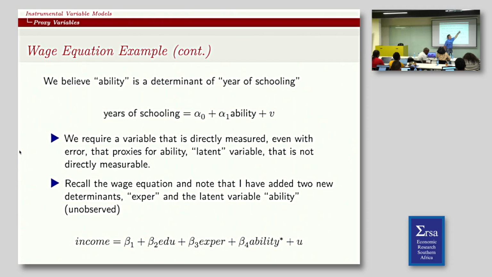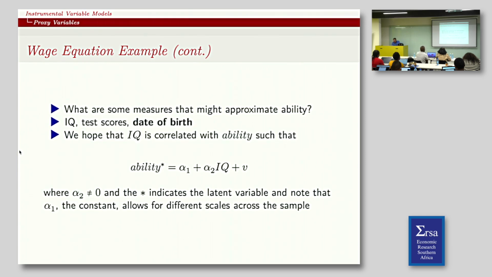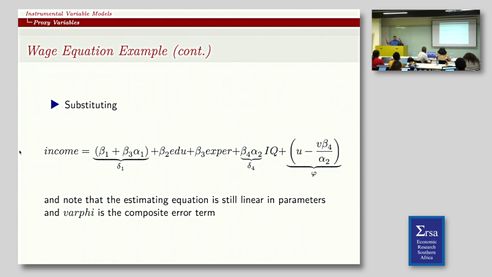So there's the V, and there's the beta 4, and that term takes on our new noise parameter. So our new regression is essentially income plus a constant that has a couple of components in it, education, experience, and IQ, which also has a couple of components to it, and this new noise term. It's still linear in the parameters, so in practice we can still estimate this. This is not particularly hard to estimate via ordinary least squares.